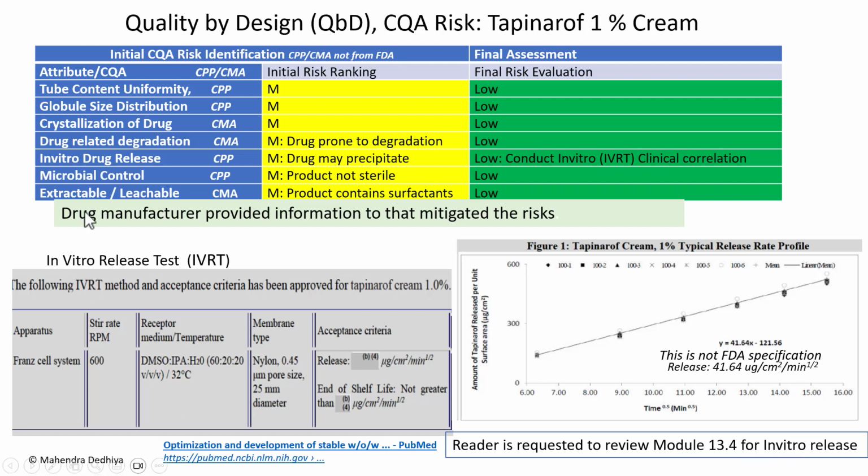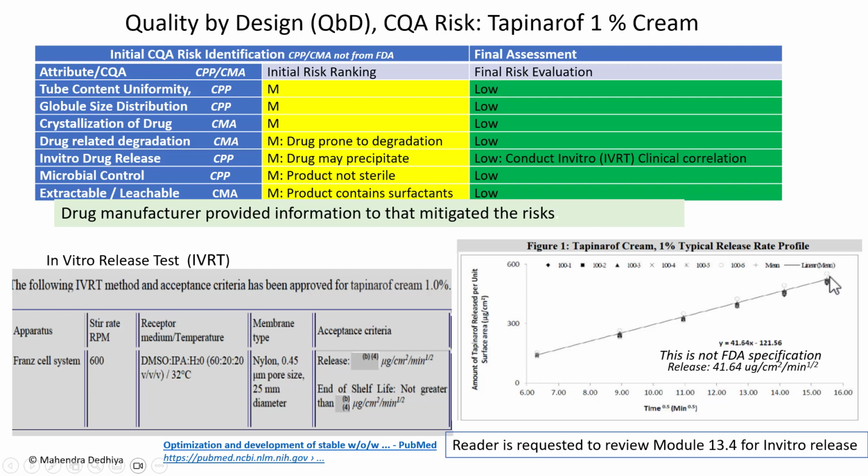Drug release for cream is shown in a different document. Again, I want to point out this is not an FDA specific agent or FDA related document. It is obtained from a different source. Amount of drug released against square root of time is plotted, and that gives a straight line.